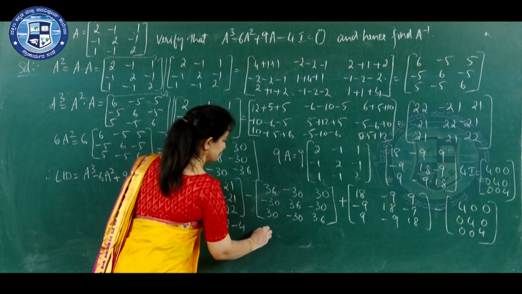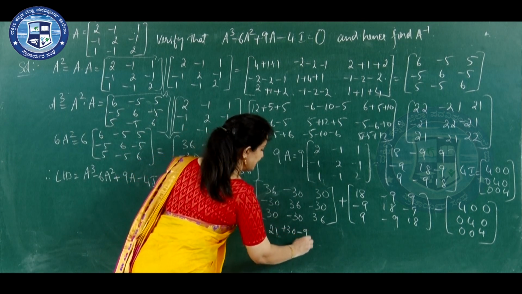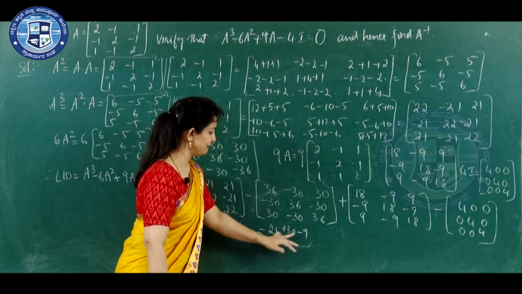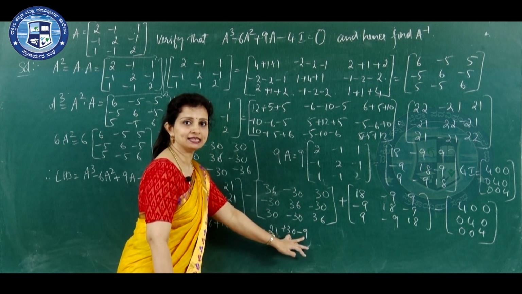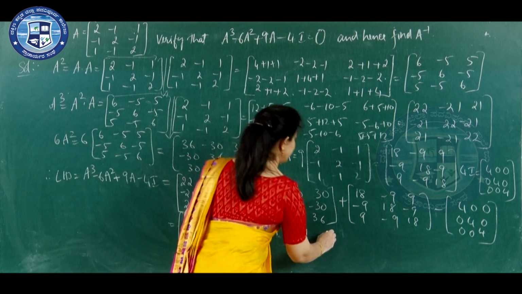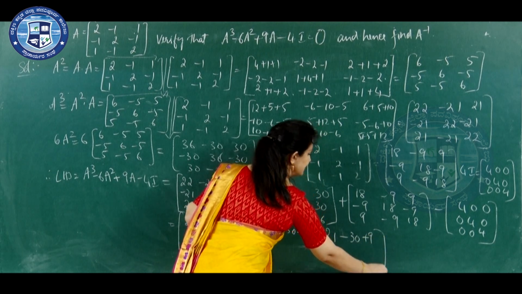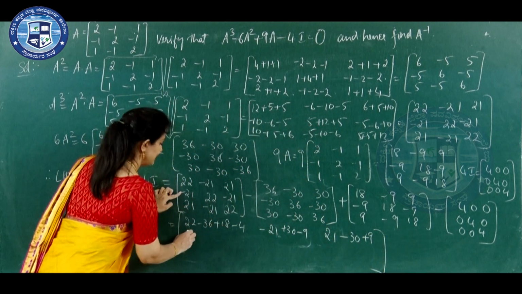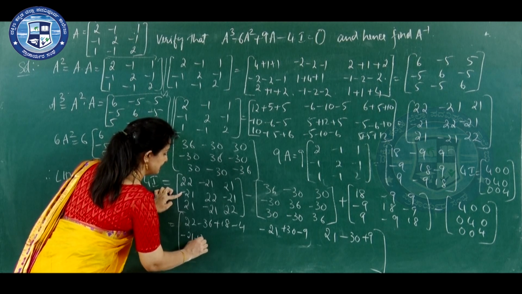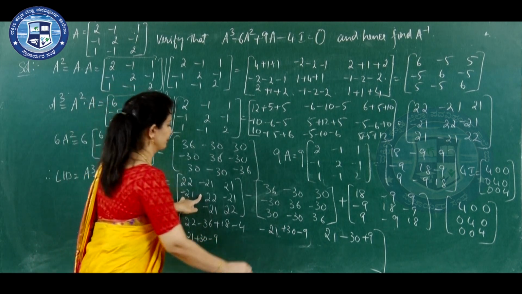Now the second element: minus 21 plus 30 minus 9 plus 0, minus 30 plus 30 is 0. Third element 21 minus 30 plus 9, it is also 0. Here we have minus 21 plus 30 minus 9 is 0.